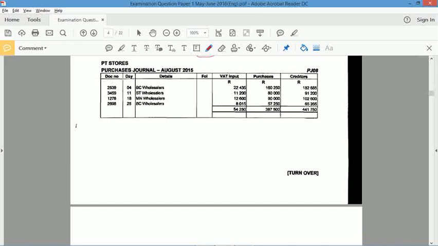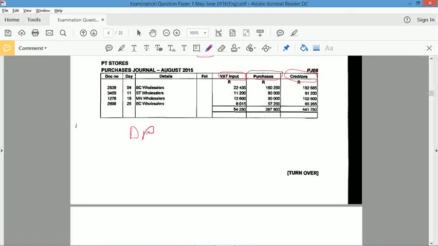Right, the purchases journal had the following totals. VAT. Did the question ask me for VAT? No, they didn't. So I don't need to specifically record VAT. Did the question ask me about purchases? No, they didn't. Okay, did the question ask me for creditors? Yes, they did. So if I'm looking at a purchases journal, when making a purchase from a creditor, your liability will increase.